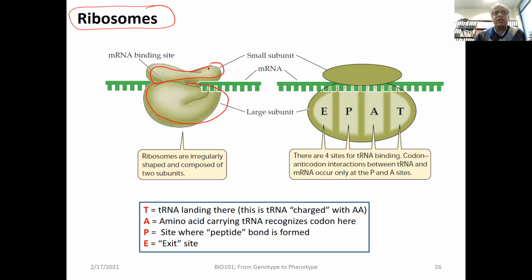First, the small subunit recognizes the ribosome binding site on messenger RNA. Remember, messenger RNA contains the coding sequence. Somewhere here you will have AUG, but what are all these sequences before it? We call them the untranslated region.